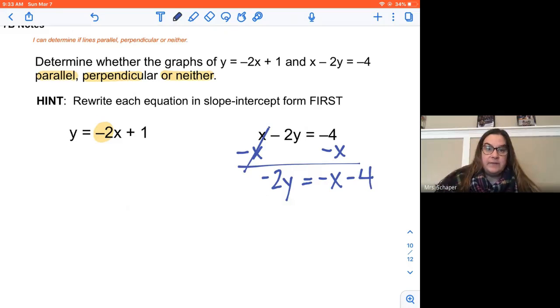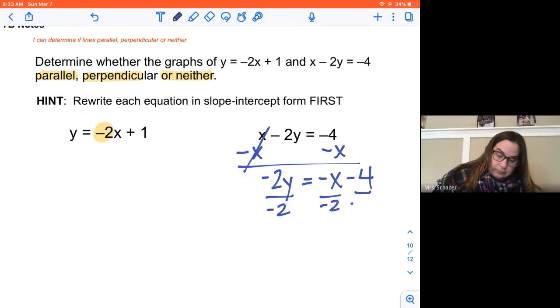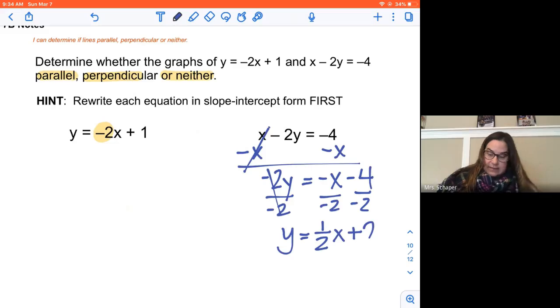And then I'm going to divide both sides by -2. So y equals 1/2 x plus 2. -4 divided by -2 is +2. Negative divided by negative is positive. 4 divided by 2 is 2. So now I have a slope of 1/2.